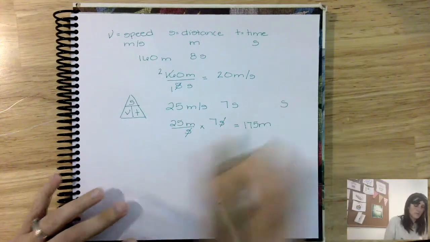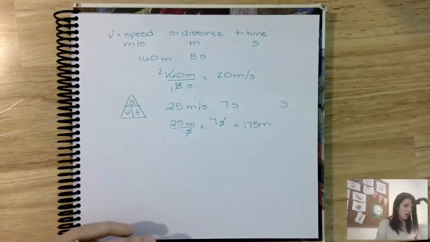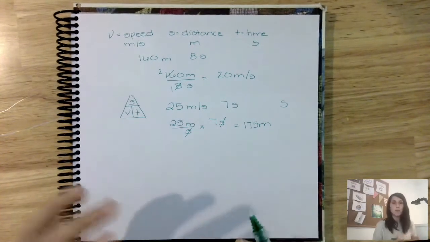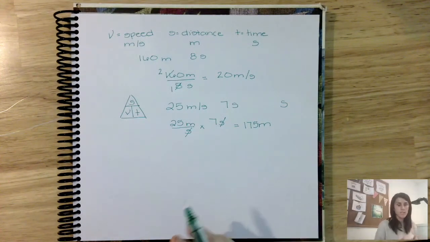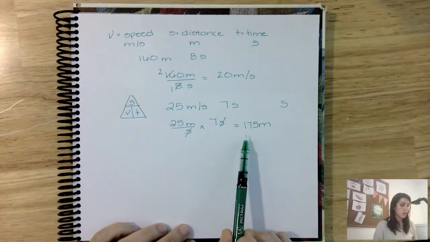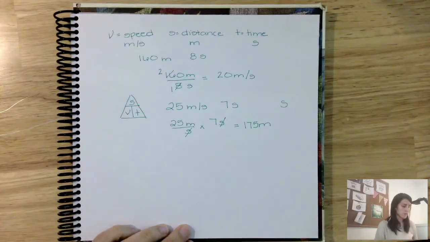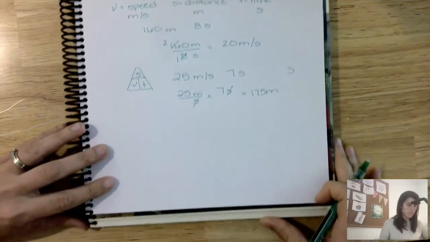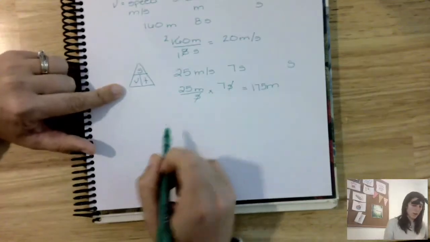Oh, yes, 175. All right, so if I travel at 25 meters per second for 7 seconds, I will end up going 175 meters.